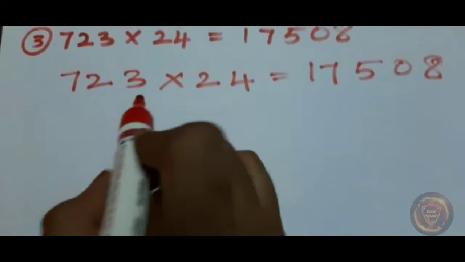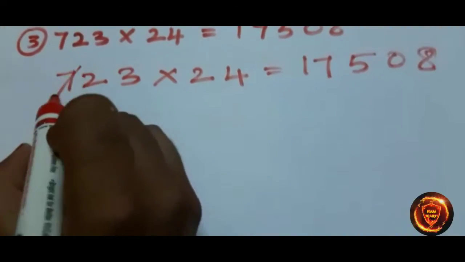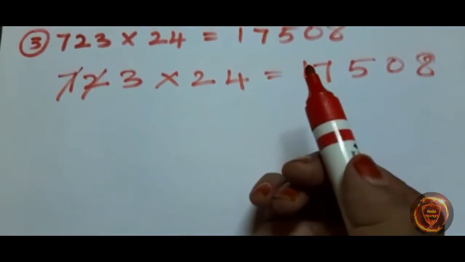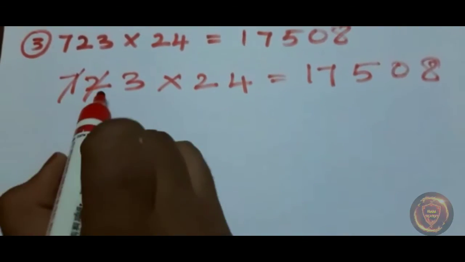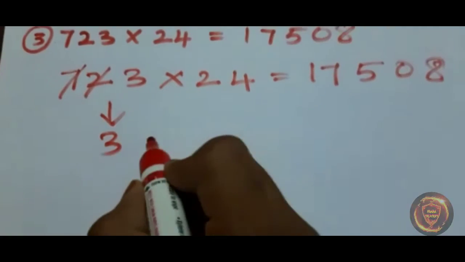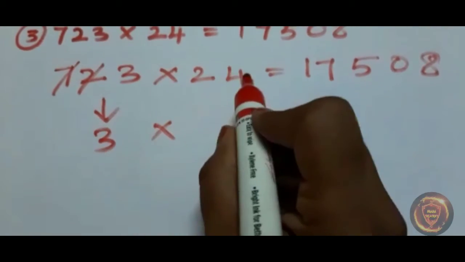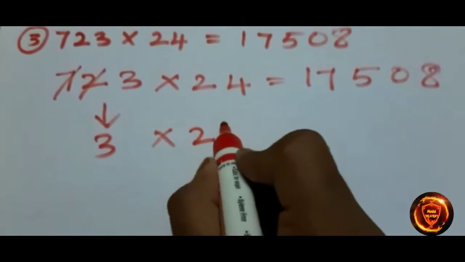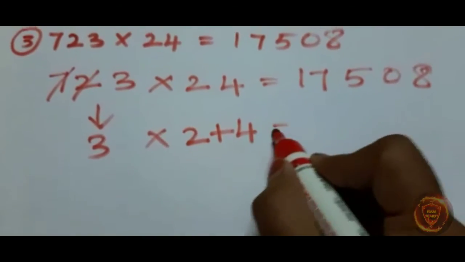Check the casting out of 9 value. 7 plus 2 is 9. So now cancel these two terms. What is the remaining term? 3 into 2 plus 4.